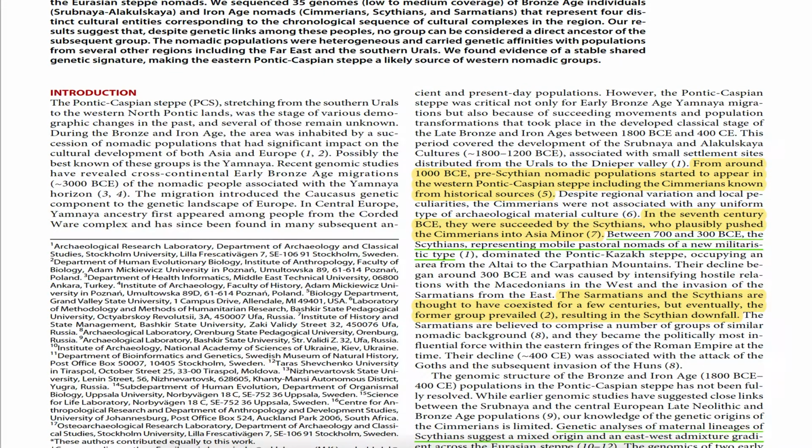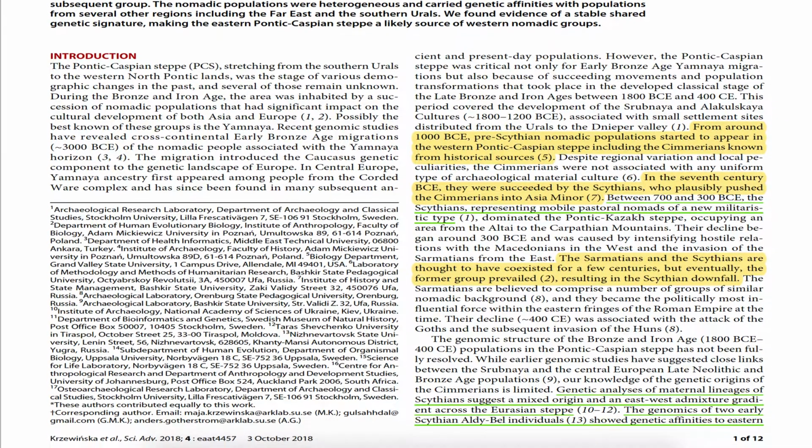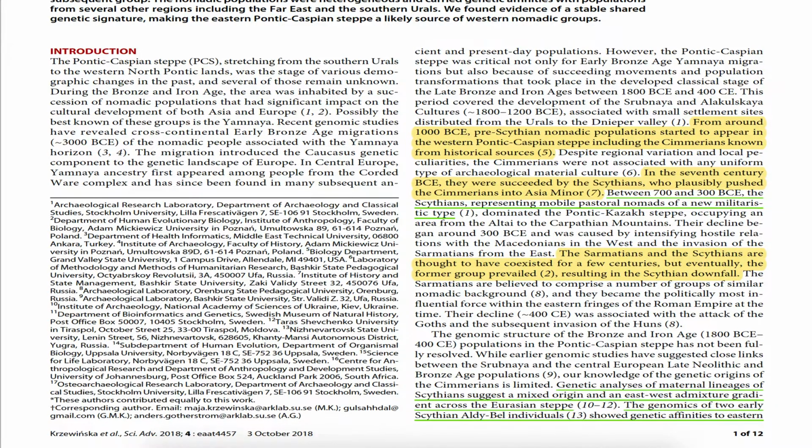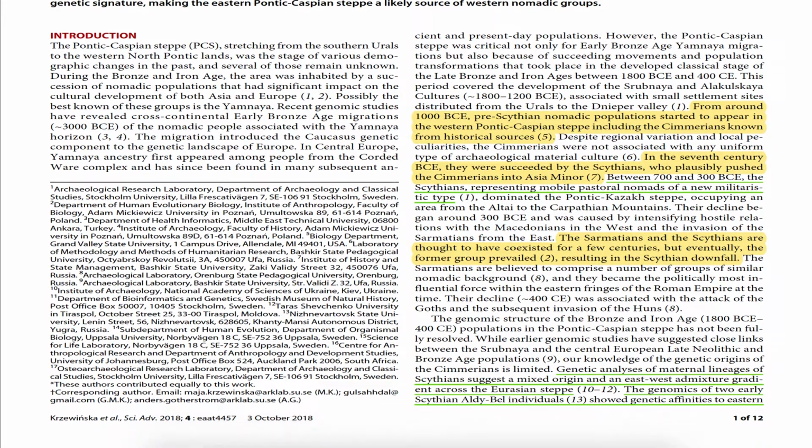Between 700 and 300 BCE, the Scythians represented mobile pastoral nomads of a new militaristic type. The Sarmatians and the Scythians are thought to have coexisted for a few centuries, but eventually the former group prevailed, resulting in the Scythian downfall.